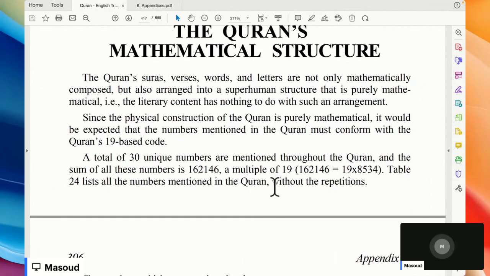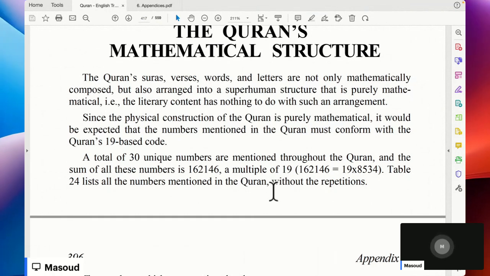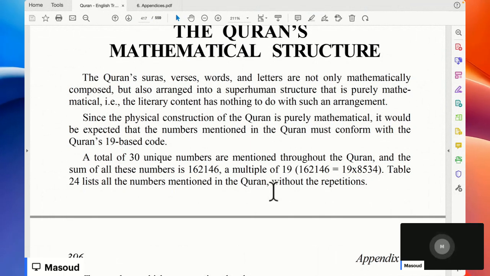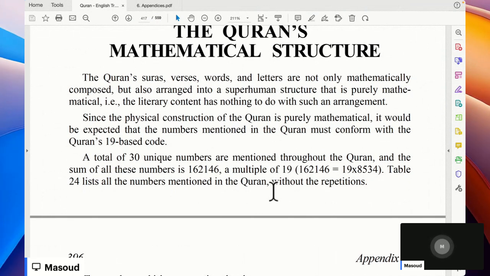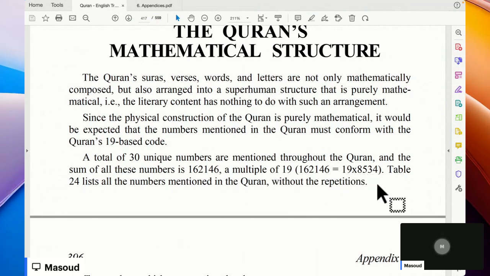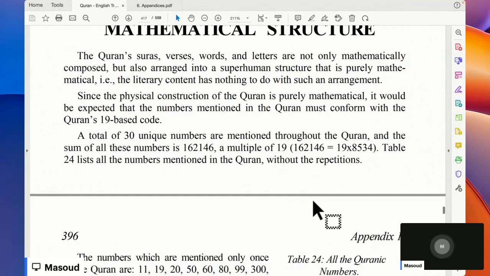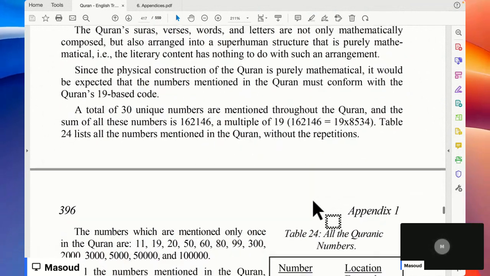A total of 30 unique numbers are mentioned throughout the Quran, and the sum of all these numbers is 162,146, and that is a multiple of 19, and that is 19 times 8,534. Table 24 lists all the numbers mentioned in the Quran without repetitions.